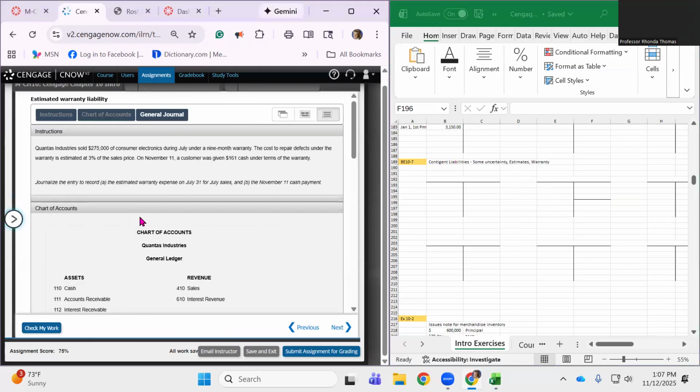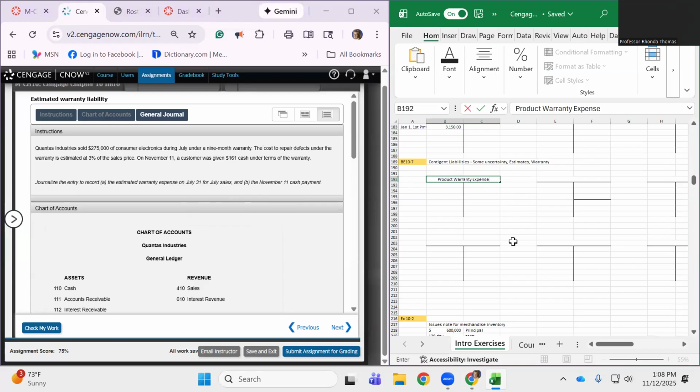All right. So here's what we've got. We need a product warranty payable. Okay, we need one account that has a product warranty expense. So that's one account we're going to need. Product warranty expense.